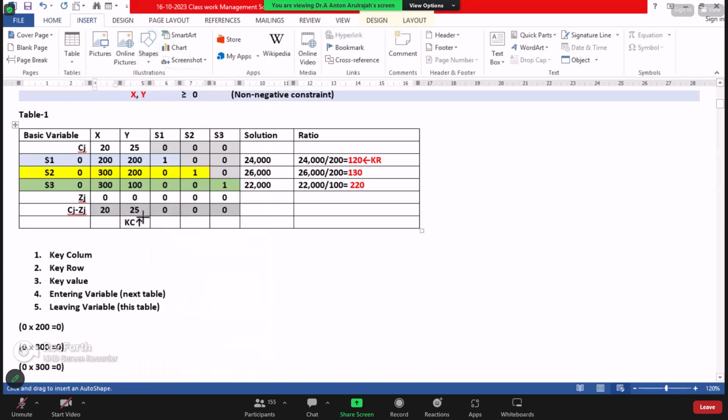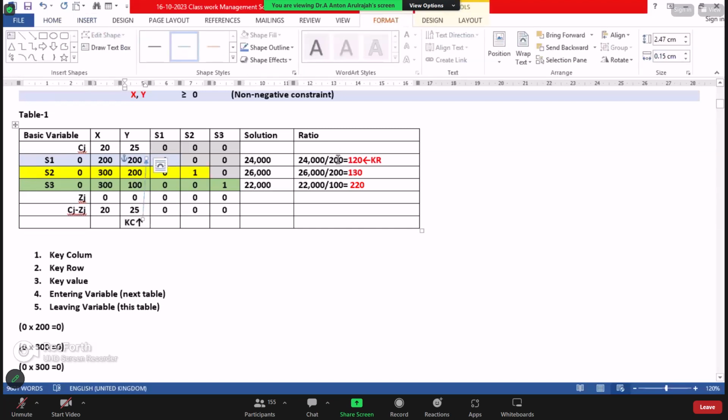From here, you have to divide: 22,000 by 200, 26,000 by 200, 22,000 by 100. We have to divide and get values. Among those values, we have to select the smallest positive value. So according to this example, the smallest positive value is how much?